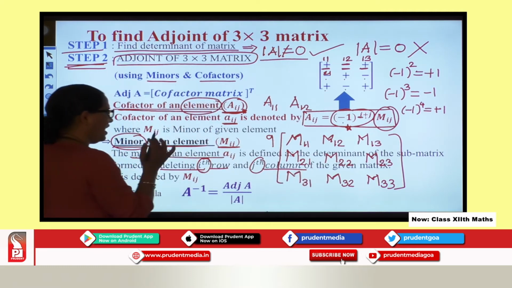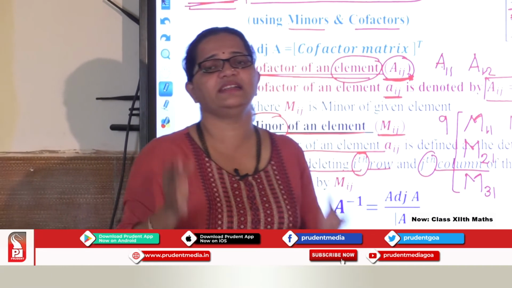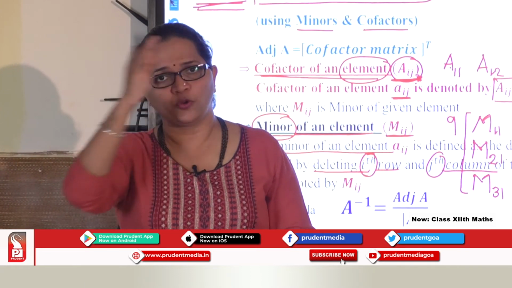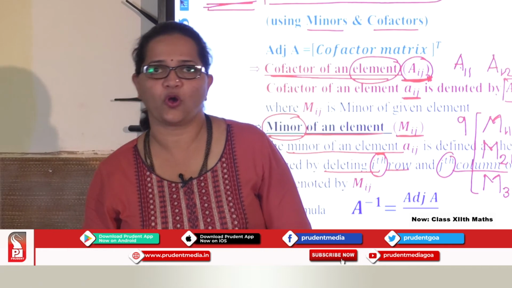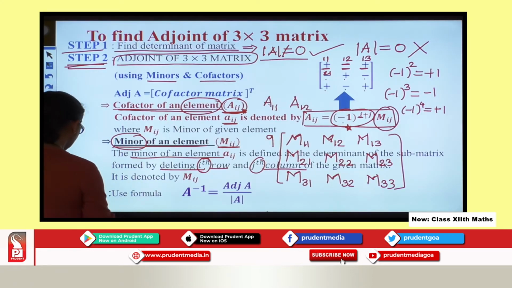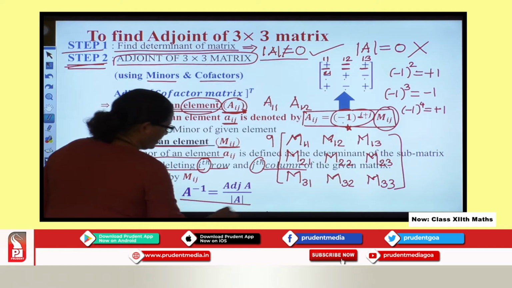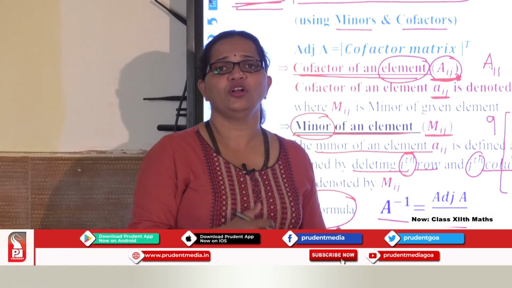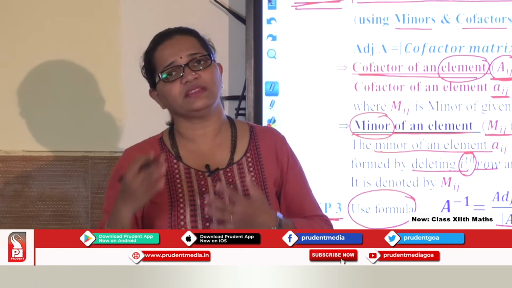So basically I talk about finding determinant by deleting ith row and jth column. Perfect. So let us look at the third step. Now again, the third step says you need to use a formula to get your inverse. So basically here also we are following 3 steps.